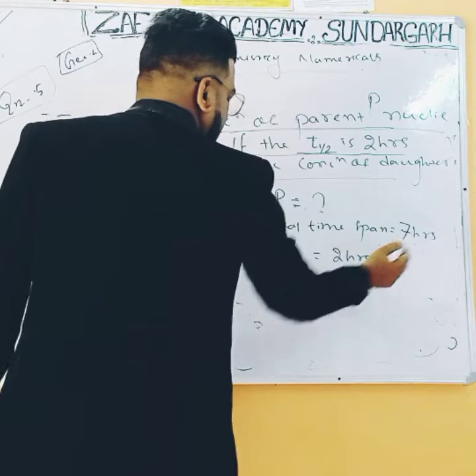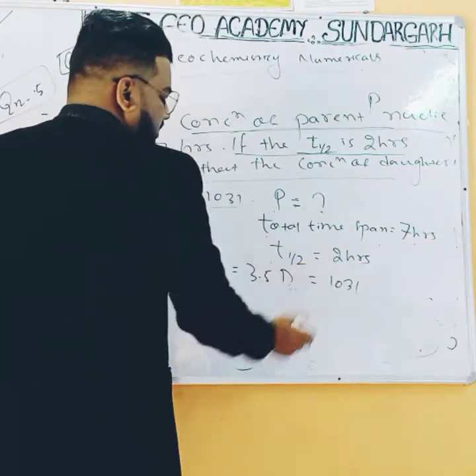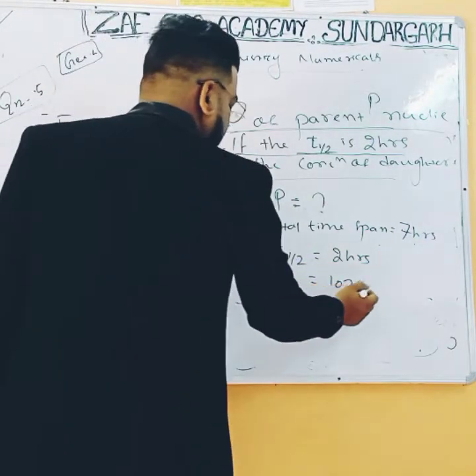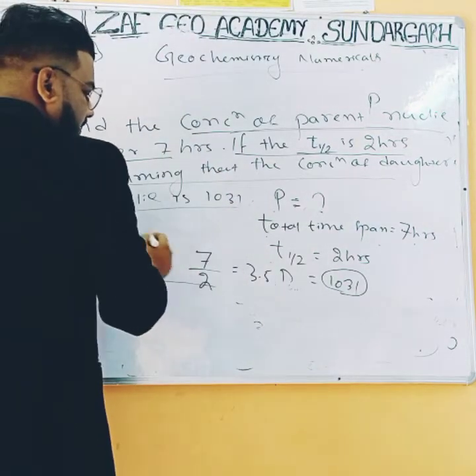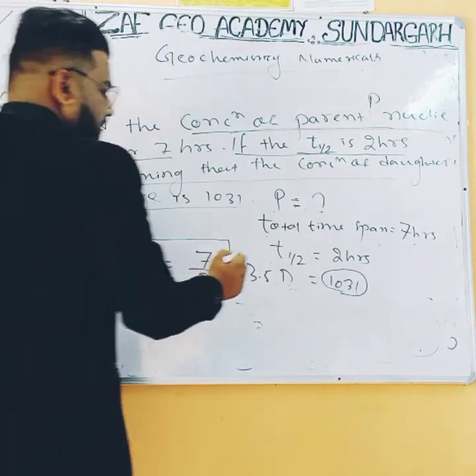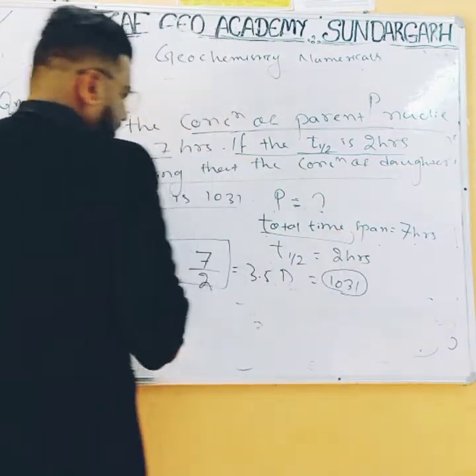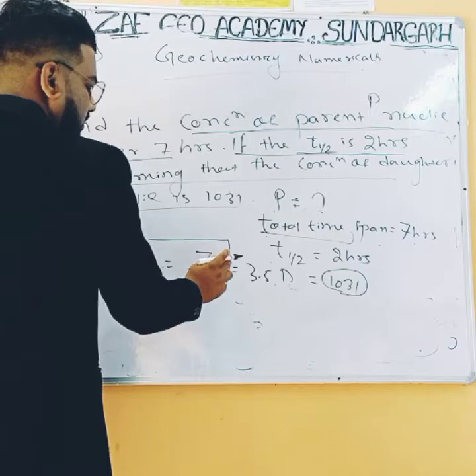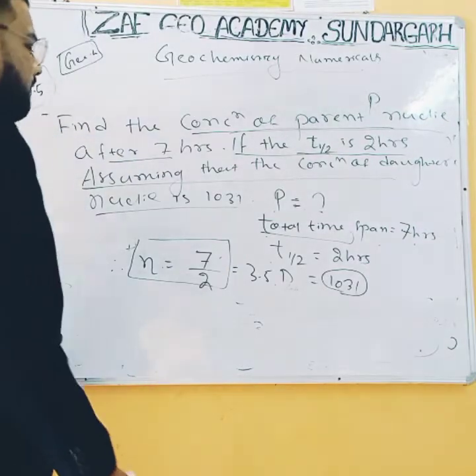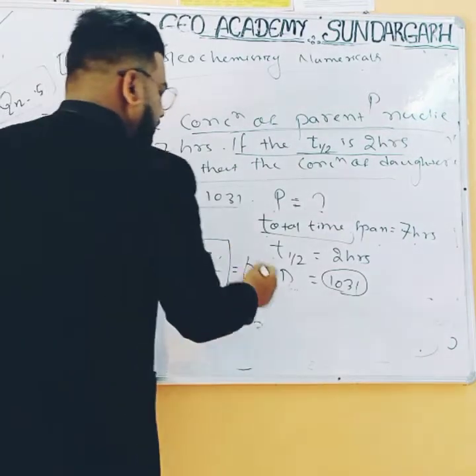The total time span is 7 hours and the half-life is 2 hours. You know the formula, n is equal to total time span divided by half-life, 7 by 2, so it will be equal to 3.5.